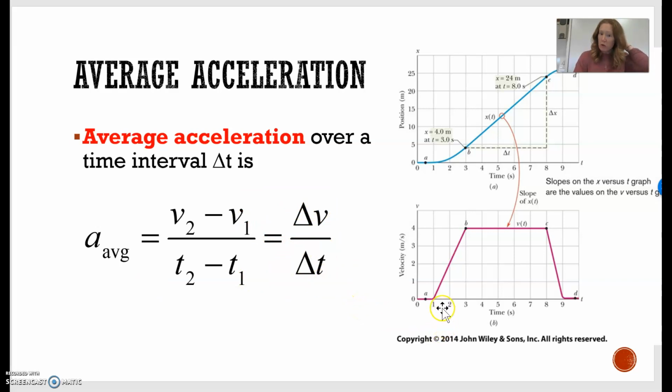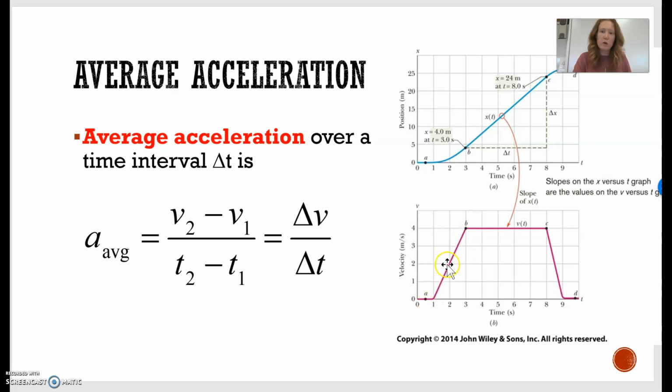If we're looking at the velocity time graph here, I pasted this graph in again. We could look at the average acceleration as the slope of a velocity time graph when that is a linear function. Here we see, I think this was an elevator. If the elevator is speeding up at a constant rate, then it has a constant acceleration.